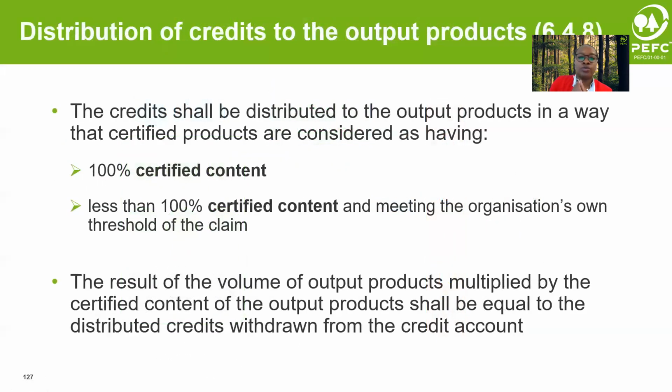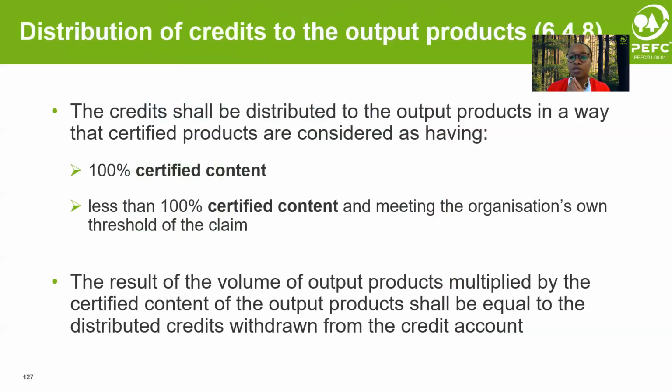So how do you distribute the credits to the output product? Let's say you want to now use your credits. The standard specifies that the credits need to be distributed in a way that the certified products are considered to be having 100% certified content, or less than 100% certified content as well, and meeting the organization's own threshold of the claim.